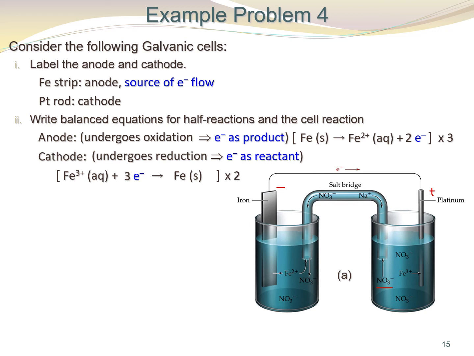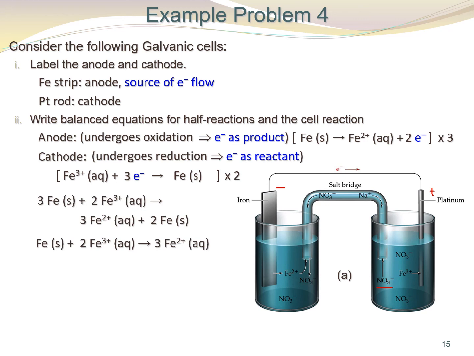Now that we have 6 electrons in each, we got 3 Fe2+, 2 Fe3+, 2 Fe metal.